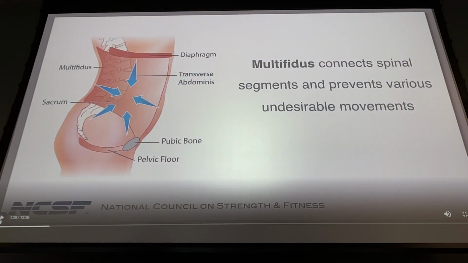What type of fiber is the transverse abdominis? Do you remember? Is it type 1, type 2A, or type 2X? Without looking. Remember, the transverse abdominis is a stabilizer, so what muscles fire first? Are they the smaller muscles or the bigger muscles?